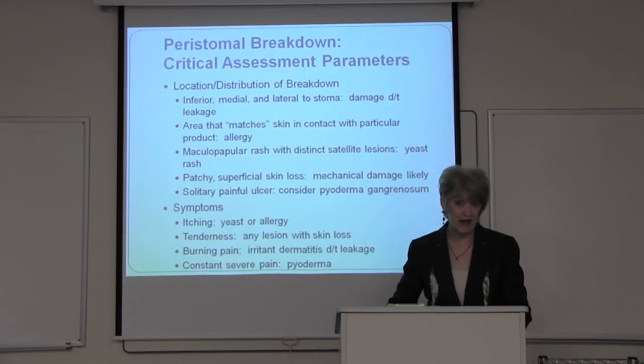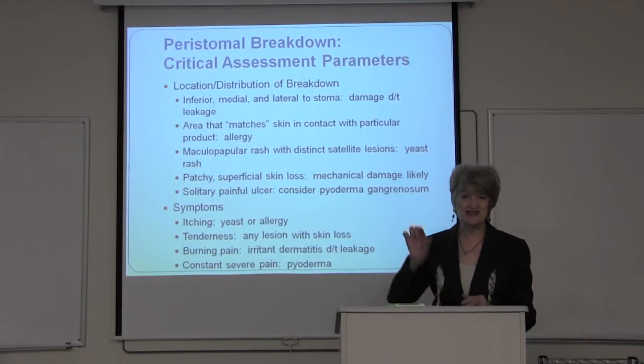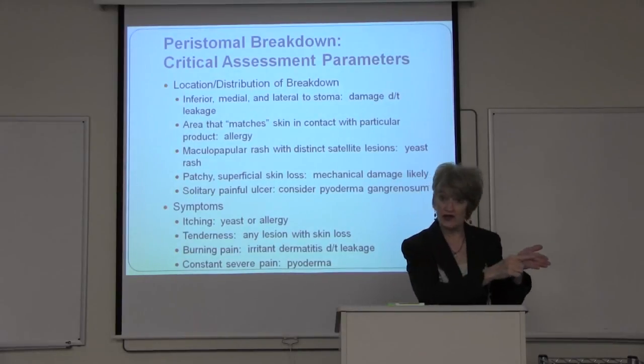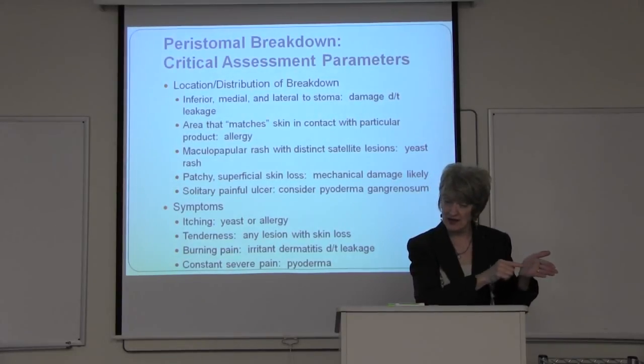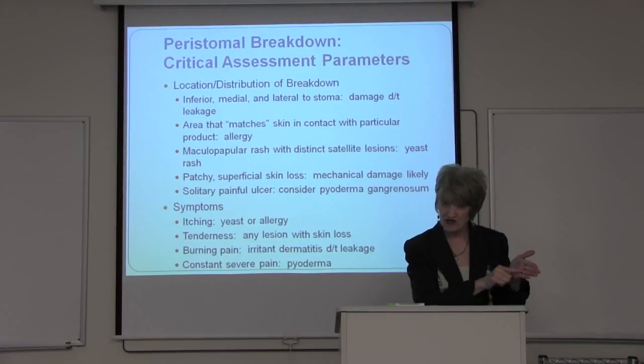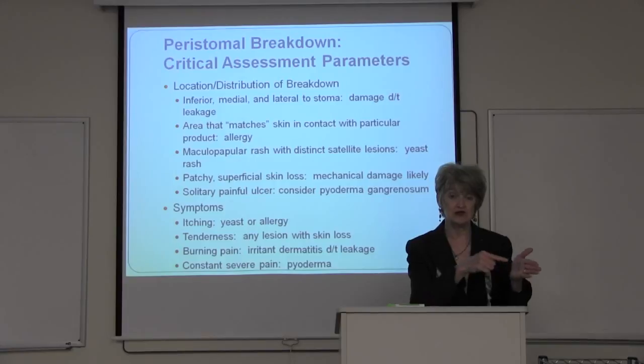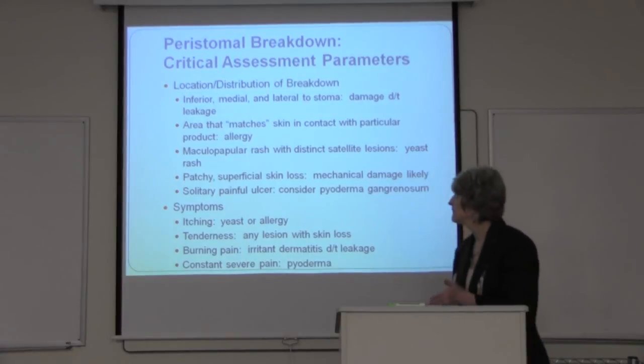It's going to follow the path of the drainage. So if I see that distribution, I'm going to look at the back of the pouch to see, am I getting meltdown on the back of the pouch? If I'm getting meltdown, it suggests the drainage is undermining my pouch seal, and that my damage is due to contact between the drainage and the skin.